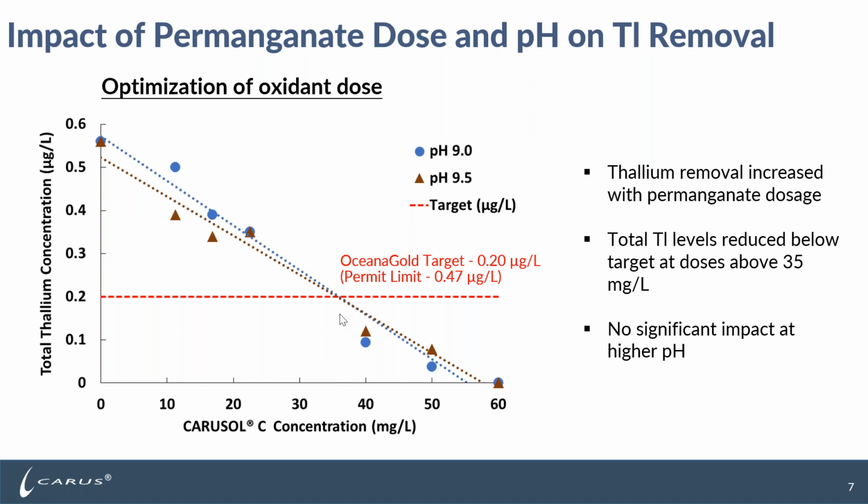This dose was able to reduce thallium to the target level of less than 0.2 micrograms per litre or parts per billion. We also wanted to look at the impact of pH and whether we could achieve more efficient thallium removal using a lower Carisol dose at higher pH. So the brown data points here show that there's actually no significant difference in thallium removal efficiency by increasing the pH from 9 to 9.5.